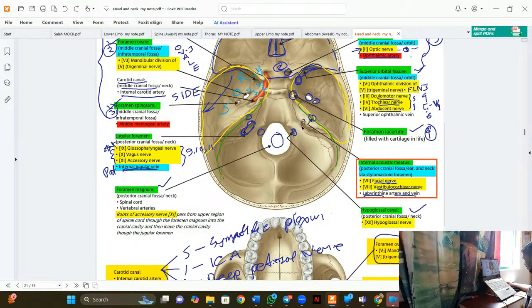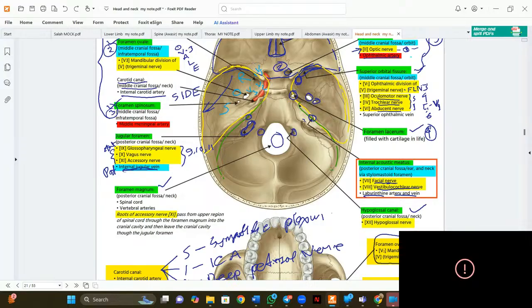Next to it, we have a big jugular foramen. It has 3 parts: anterior, posterior, and intermediate. Anteriorly, we have the inferior petrosal sinus. This is the inferior petrosal sinus, which will come from the cavernous sinus, and this is the superior border of the petrous part of the temporal bone. Here will be the superior petrosal sinus.